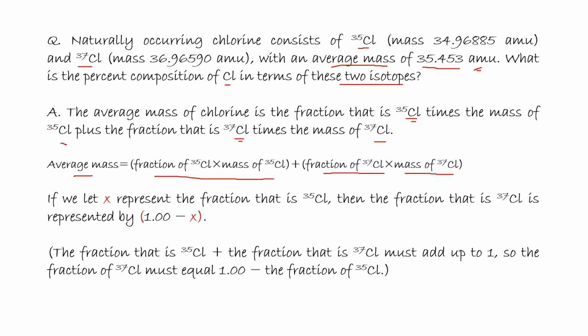Now, let's assume that chlorine 35 exists in fraction x. The fraction of 37 will be 1 minus x. The fraction of 35 plus the fraction of 37 must add up to 1, so the fraction of 37, as we mentioned, is 1 minus the fraction of 35.